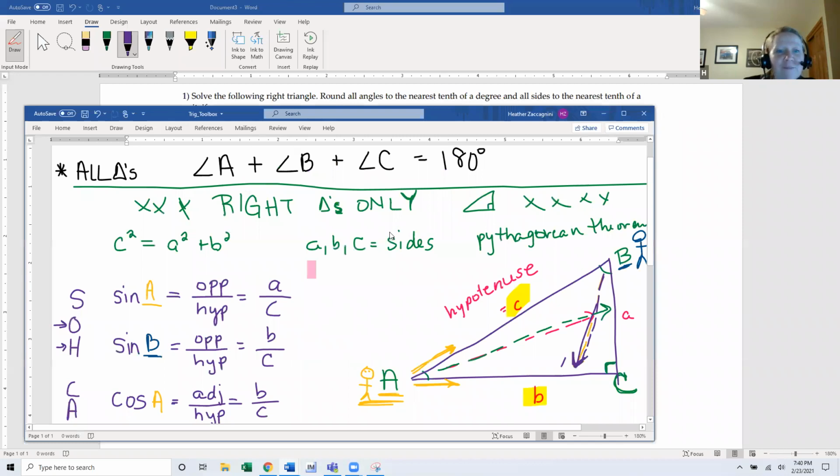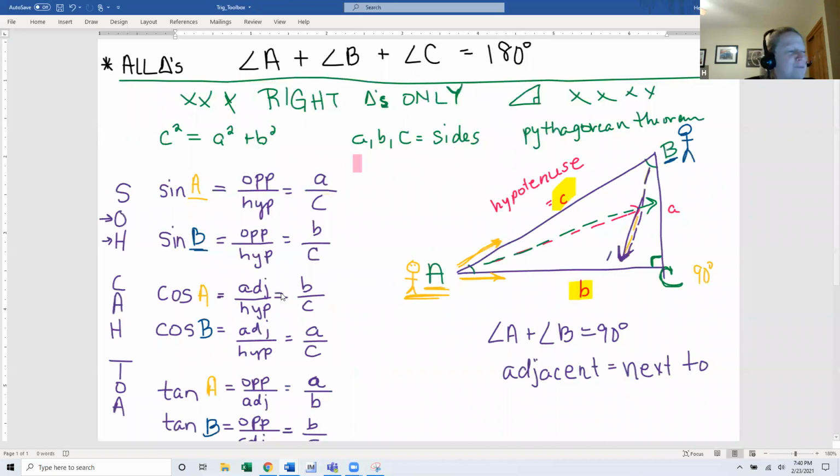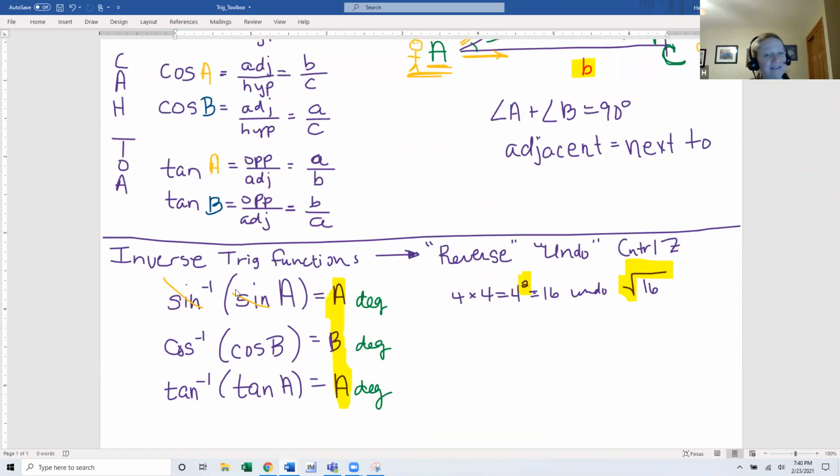Down here at the bottom, remember we talked about the inverse trig functions. If I want to get rid of that sine function so I can just have angle A, I need to use its inverse, inverse sine, or sine minus 1. We're going to find this on everybody's calculator in a second.